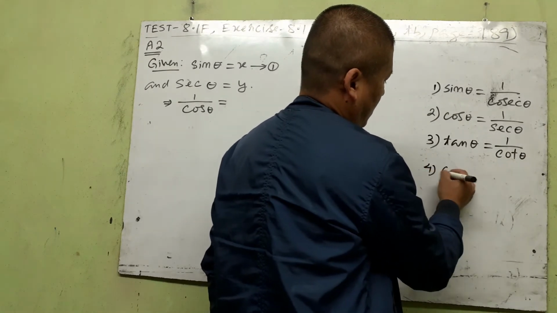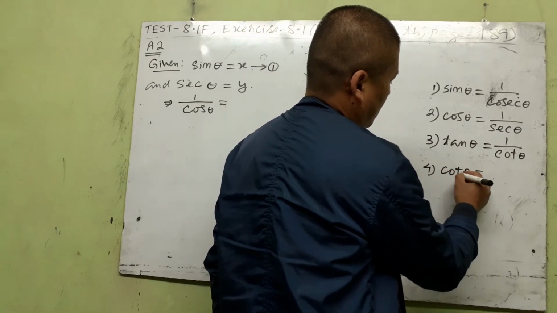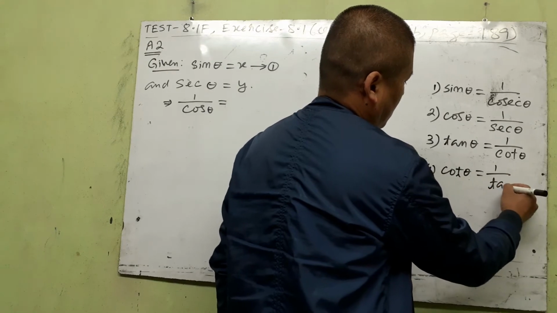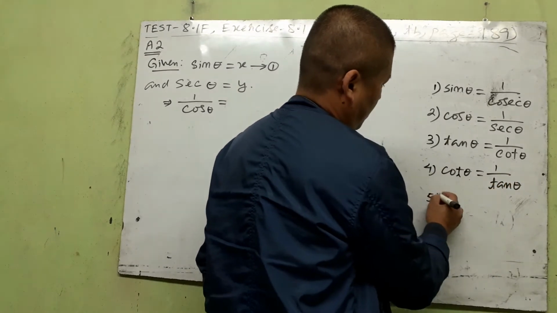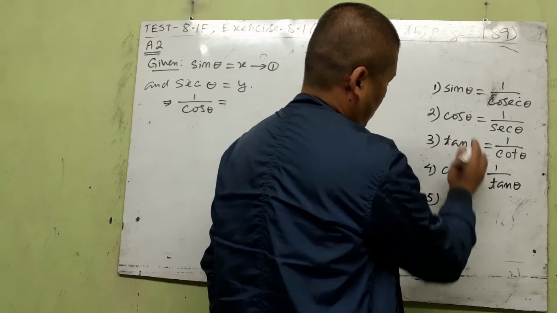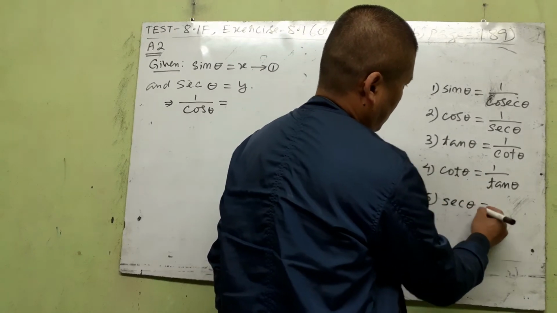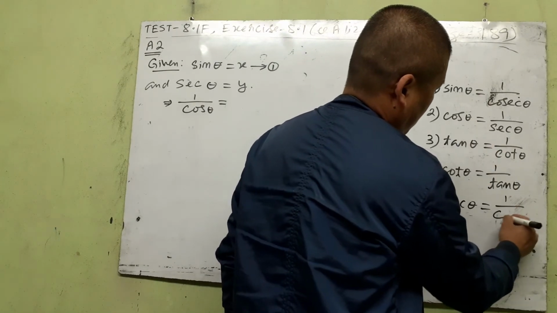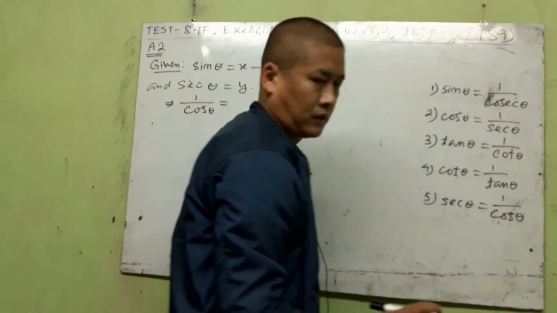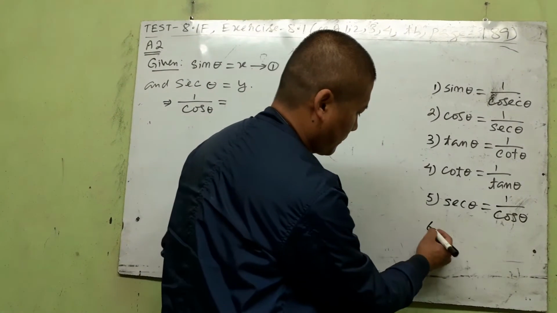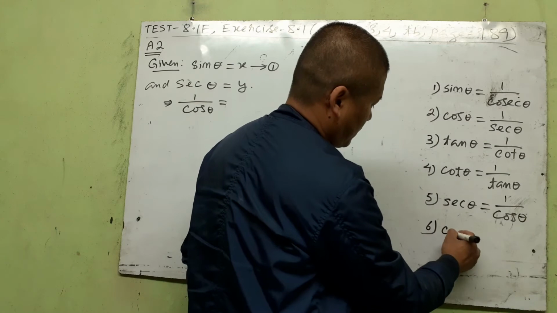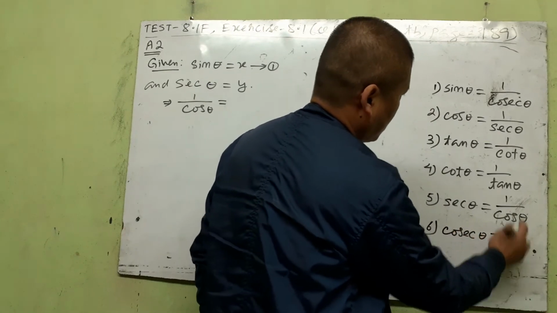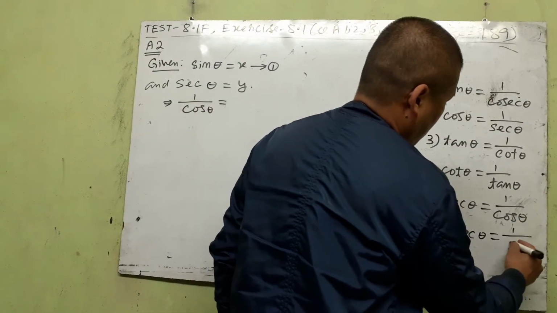Likewise, cot theta reciprocal is tan, so 1 by tan theta. The fifth one: reciprocal of cos is sec, so sec theta is 1 by cos theta. And finally the sixth one: reciprocal of sine is cosec, so cosec theta will be 1 by sine theta.